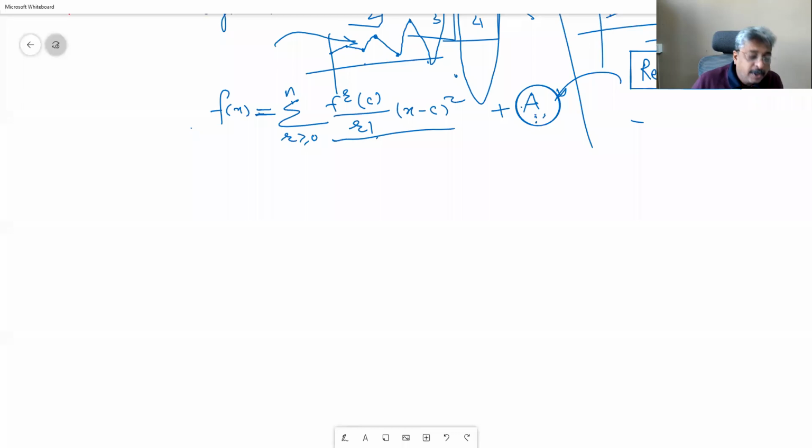Okay, so let us write down the theorem and its proof, so that whatever we have discussed just now is put in place. This is called Taylor's theorem.